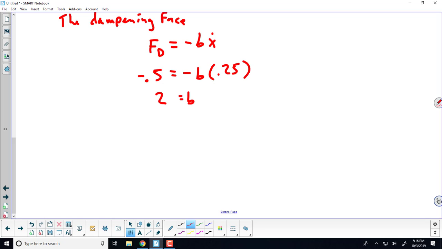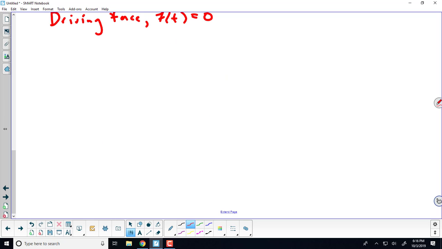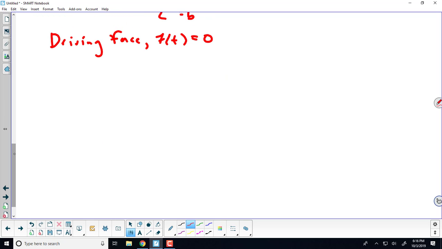In this case, what's the driving force? What's our driving force in this case, just in the situation that I presented? Well, there isn't one, so it's 0. Okay, so one of Newton's laws, I think it's the second one, is that F equals ma.